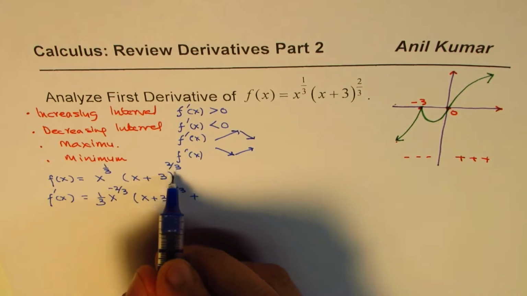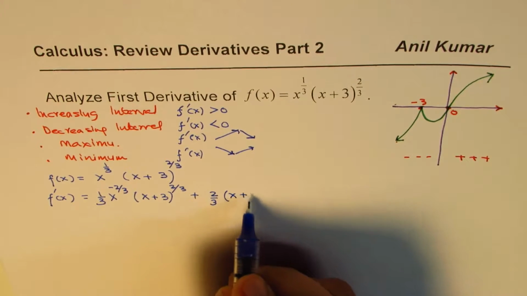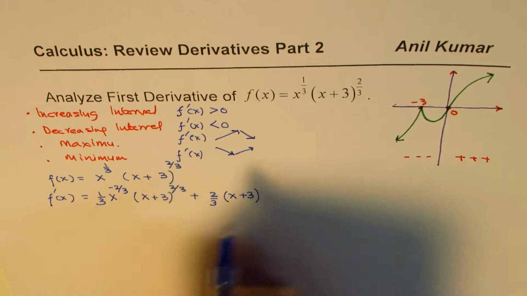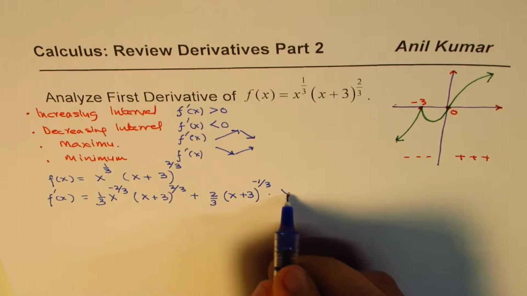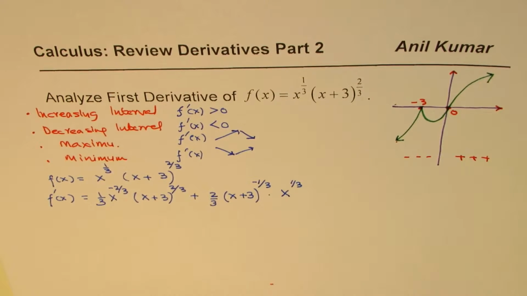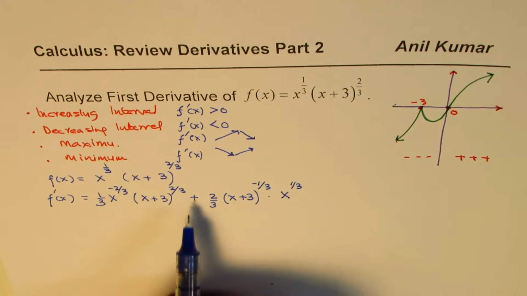So the derivative of the second function is 2 over 3 (x plus 3) to the power of 2 over 3 minus 1, which gives us minus 1 over 3, times the first function, which is x to the power of 1 over 3, correct?